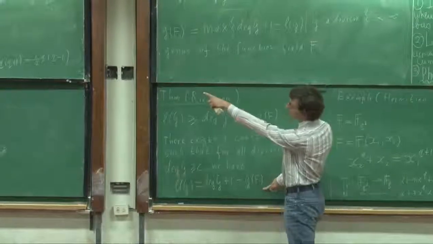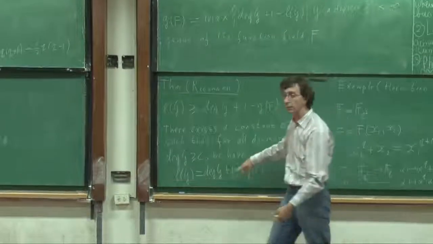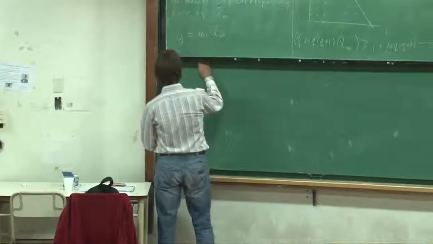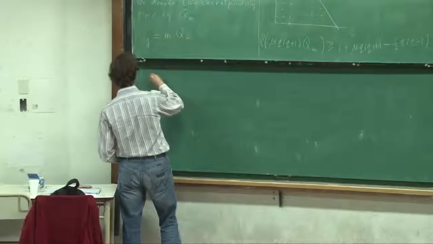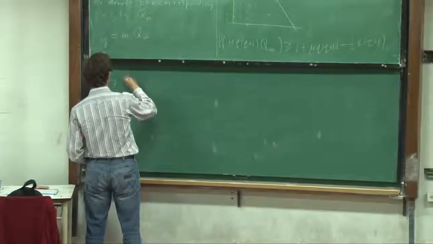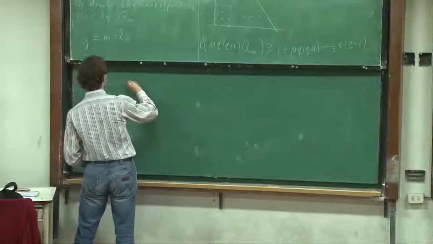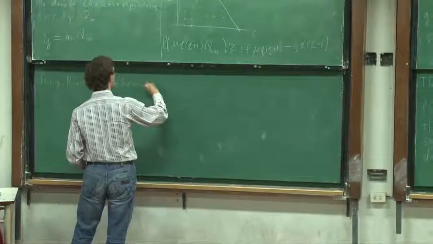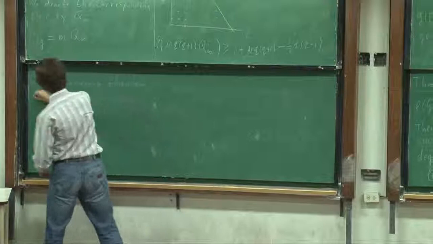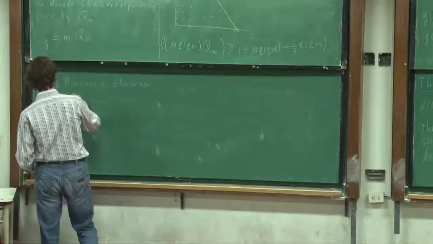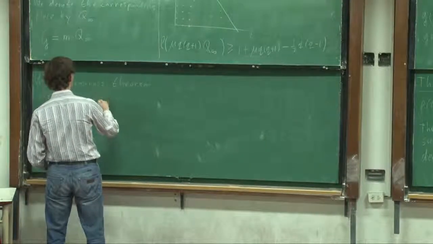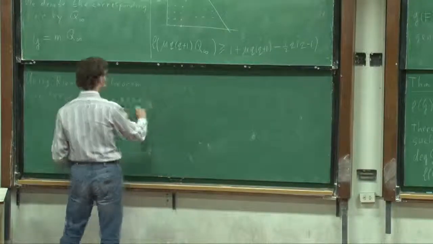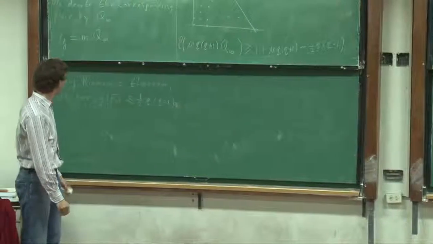And then comparing it with what we have there, we get an upper bound for the genus. Like that.